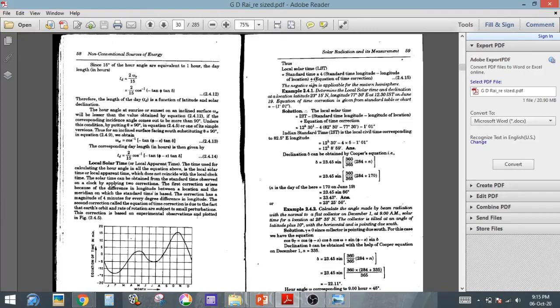General formula, it is in the plus sign, but here the equation of time correction is minus, so we have to put this minus sign here, 1 minute 01 seconds.